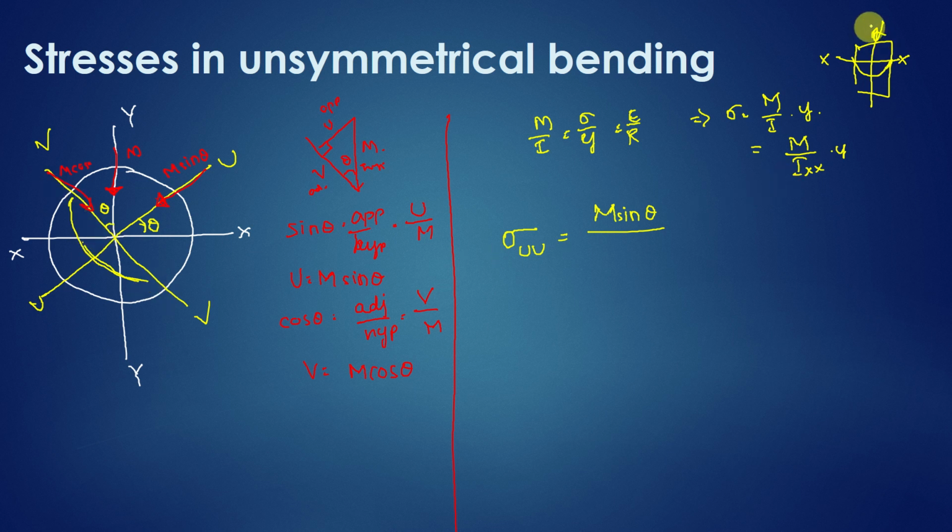Similarly, as the load is along the y axis here, we have to consider the moment of inertia about the x axis, because along the x axis it is bending, and the neutral axis will bend in this manner from this v. So Ivv, into the distance we are considering in this direction, that is small u, because these two axes are u and v. So we are considering small u here.